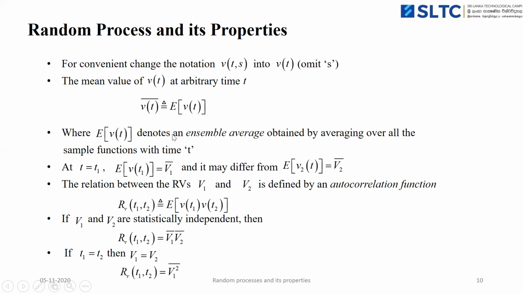The expectation of V of t denotes the ensemble average, obtained by averaging over all the sample functions with respect to time t. Here V of t is not only a single sample function; there are n sample functions, n waveforms. From all the waveforms we can find the average value, which gives the mean value of this random process V of t.